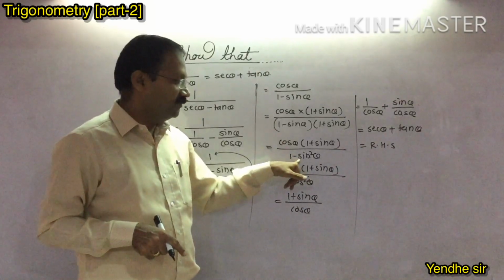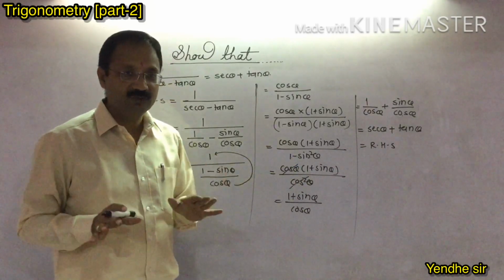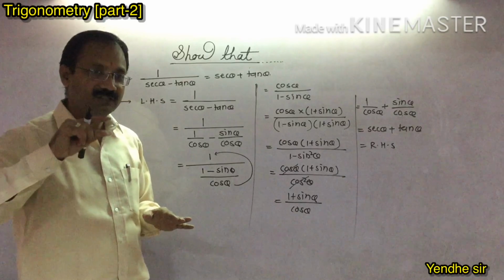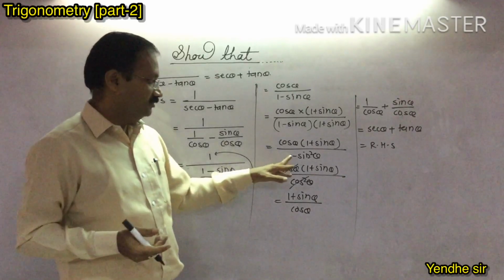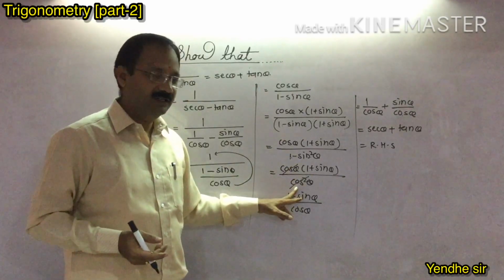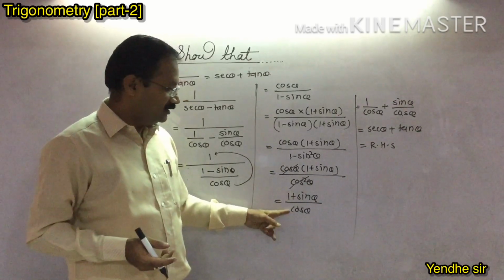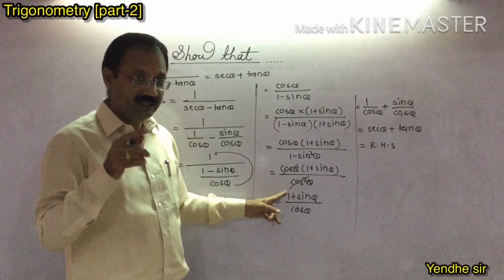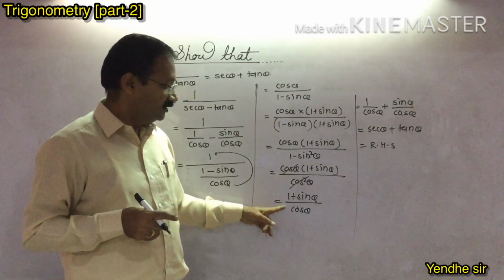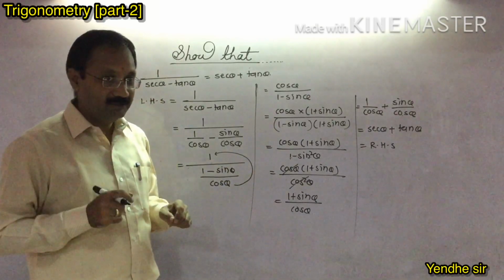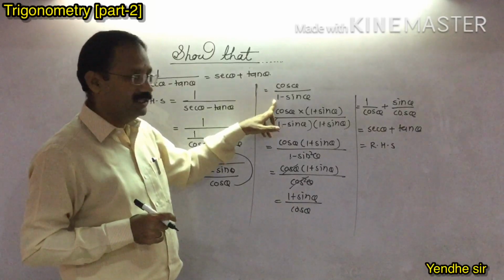Then instead of 1 minus sin square theta, you must know the formula for this one. Cos square theta equals 1 minus sin square theta. So instead of that, I have written cos square theta. Now you will get this one. After that, at the end you have to split this one. Then I know that there is one question. Sir, why did you not split this one then?